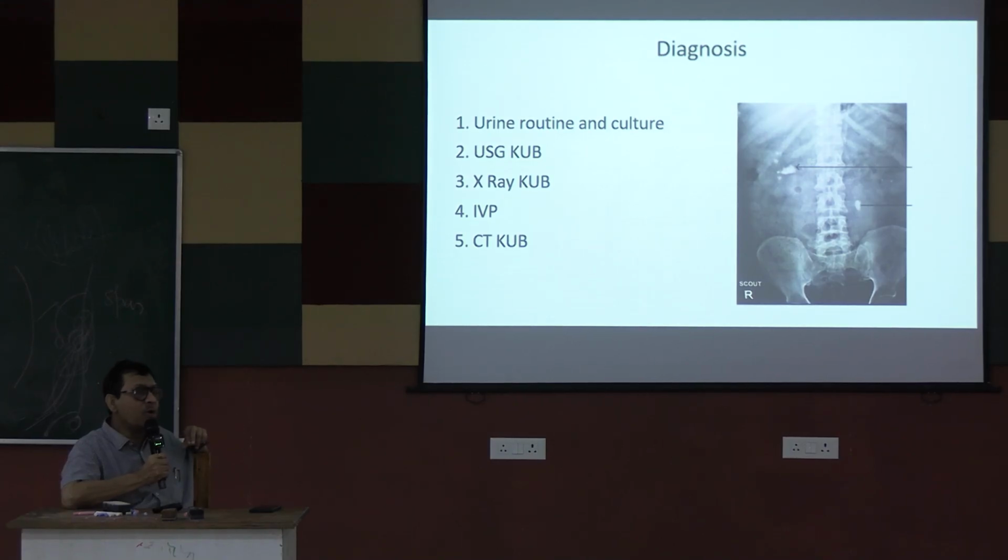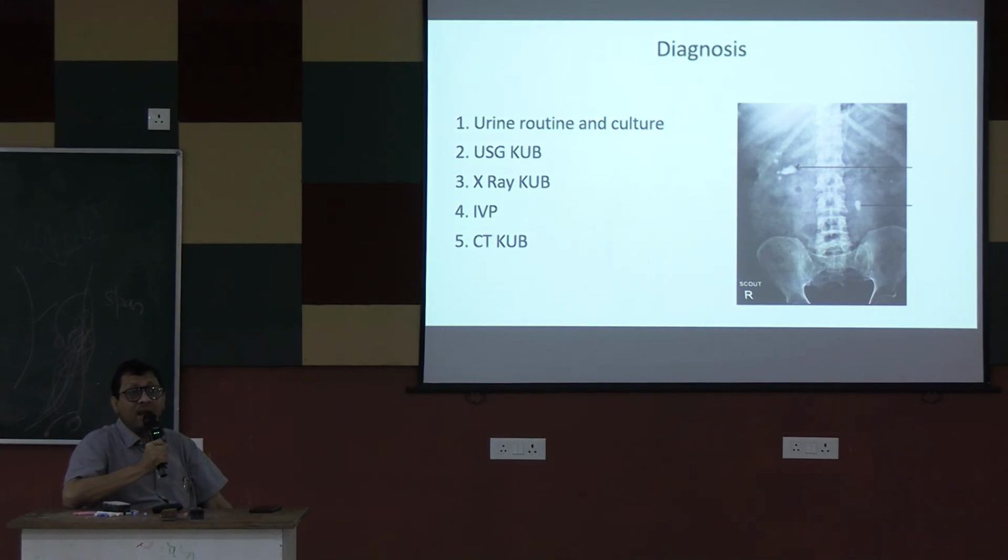Yes, in a small setup, in a rural setup where other investigations are not available, we should go for an X-ray KUB as the primary investigation. But today's investigation of choice is non-contrast CT scan of the urinary system.